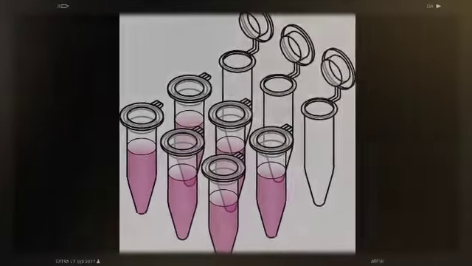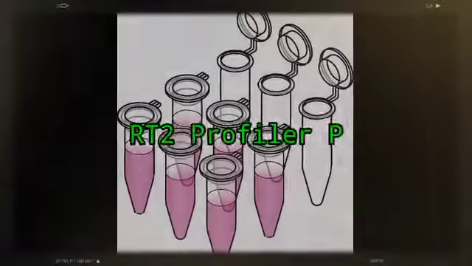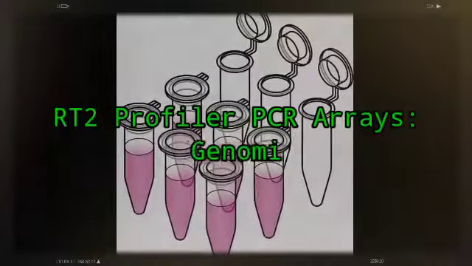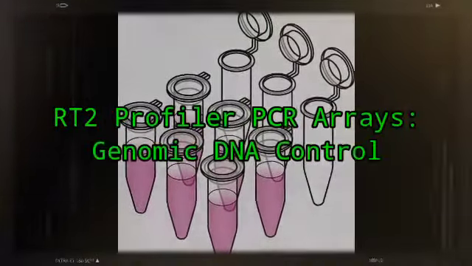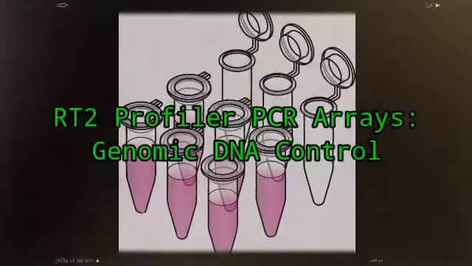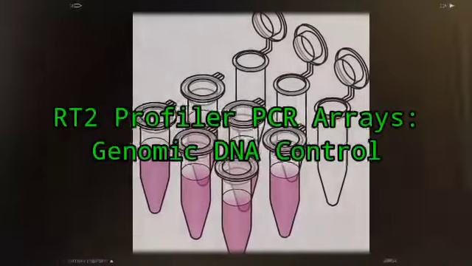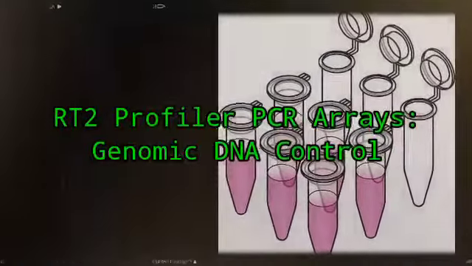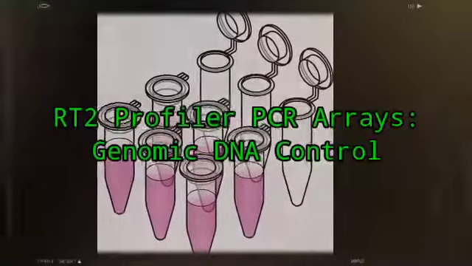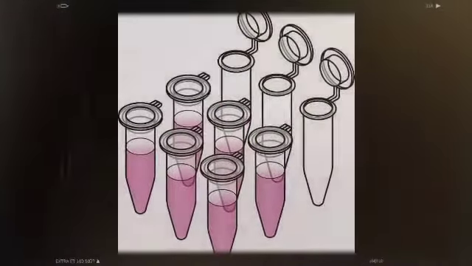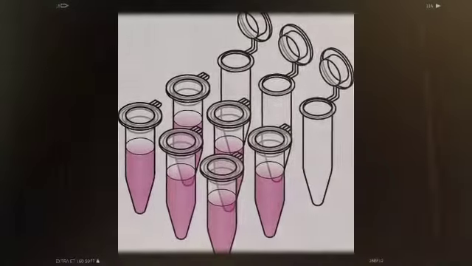Within the RT2 Profiler PCR assays, which is used for a focus panel of genes like in microarray, the GDC genomic DNA control will also serve as no template control as the assay is designed to detect genomic DNA.